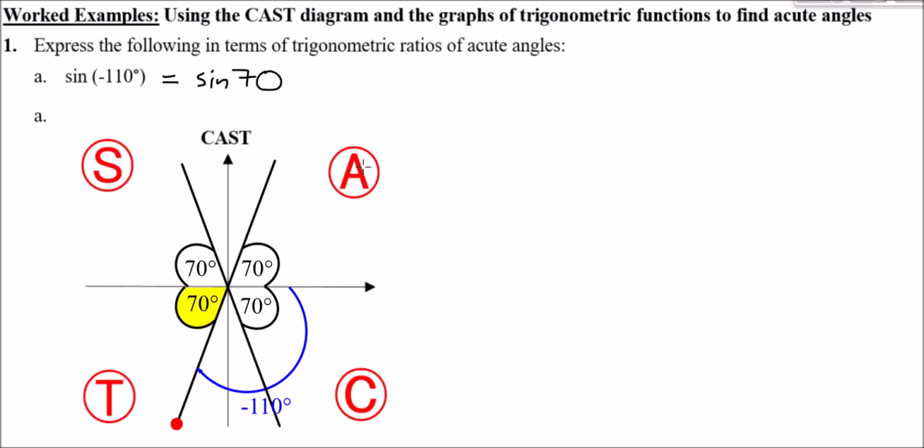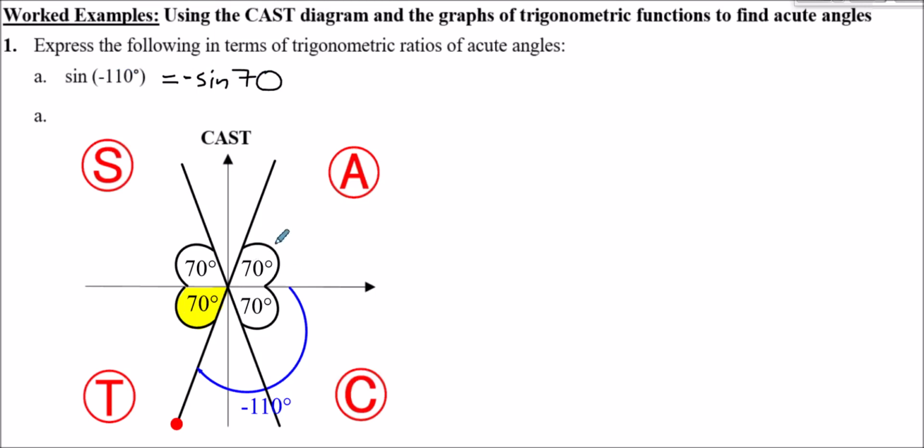If it were in the All quadrant or the S for sine quadrant, that would remain positive. But in the T quadrant, only tan is positive, therefore sine of 70 is going to actually be minus. In other words, sine of minus 110 is negative sine 70.